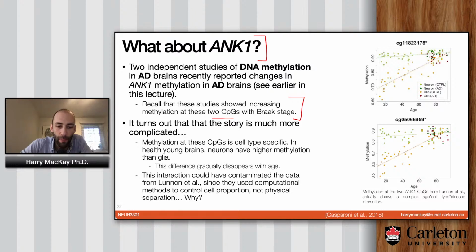Methylation is cell type specific at these two CpGs. In healthy young brains, neurons have higher methylation than glia, but this difference between cell types disappears with age. And this is the very kind of thing that could have contaminated the data from the papers we saw in Nature Neuroscience.